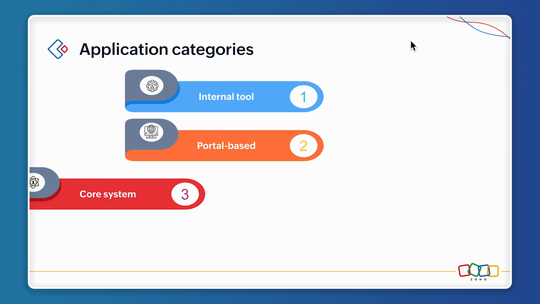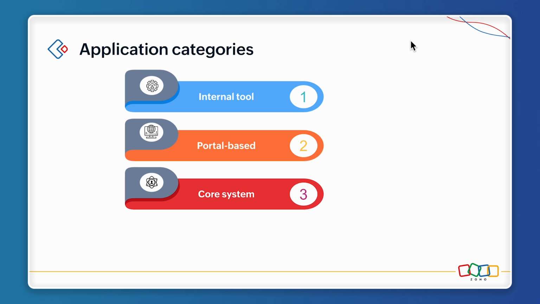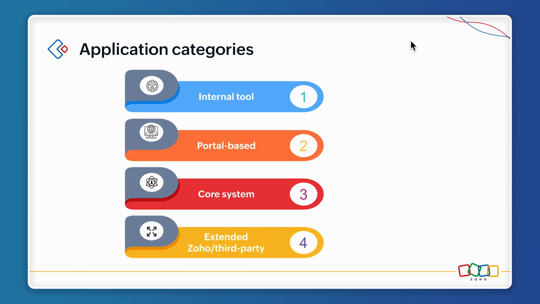Then we have the third category, which is the core system. If I take an industry and automate many different processes of the industry within a single application, then those applications can be categorized under the core system. At last, we have something called the extended Zoho or third-party application.